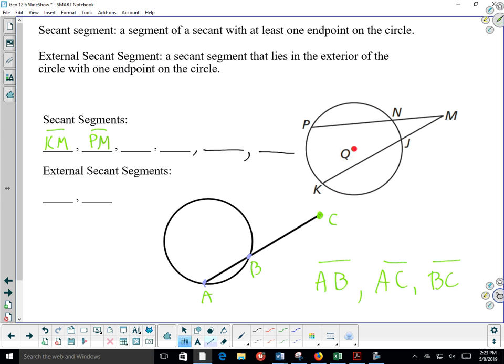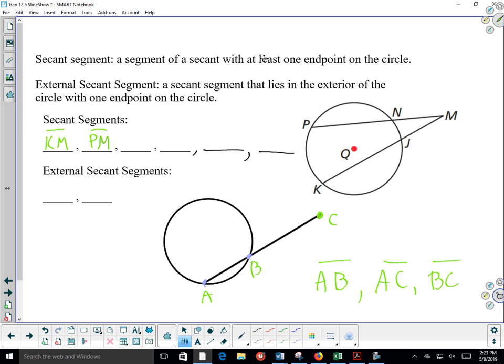You said it was 2. Well, I'm giving you the definition of a secant line. A secant line would be a line that goes through a circle in 2 points, right?